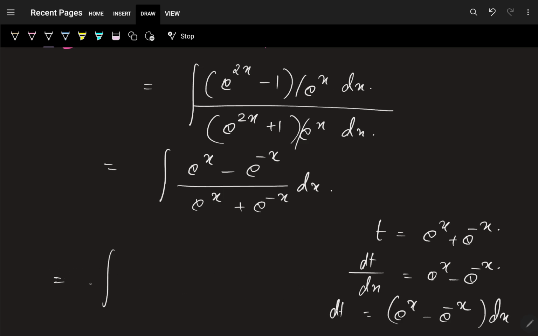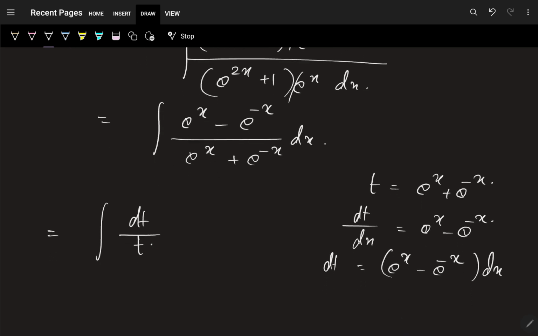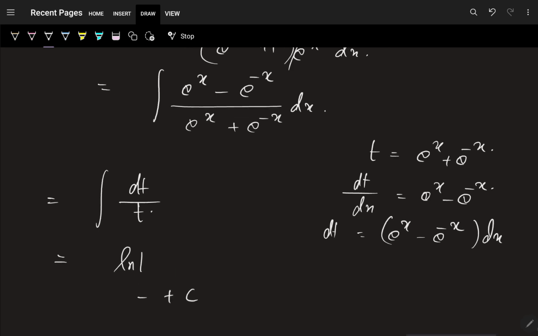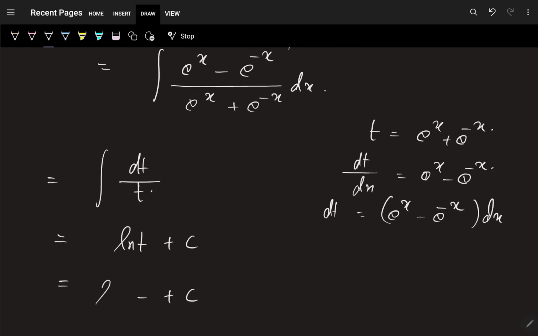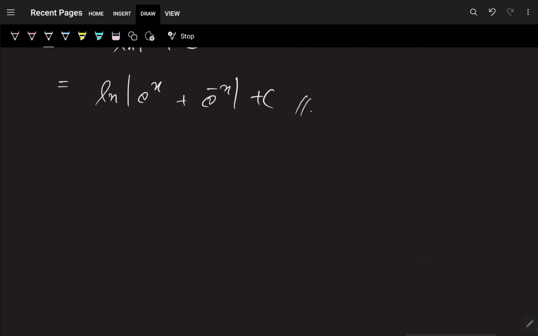So this becomes integration dt upon t. Now integration dt upon t is ln t. What is t? t is e to the x plus e to the minus x. So this is going to be ln of e to the power x plus e to the power minus x plus c. Okay. Moving on to the next question.